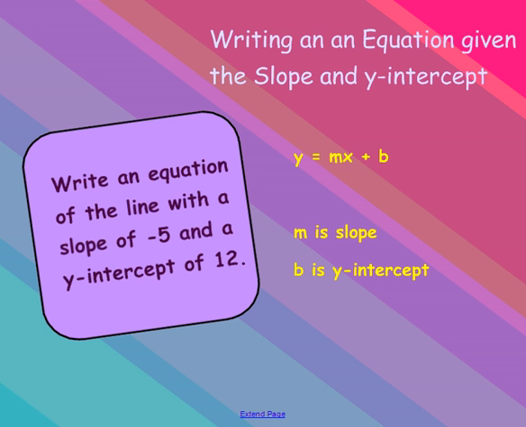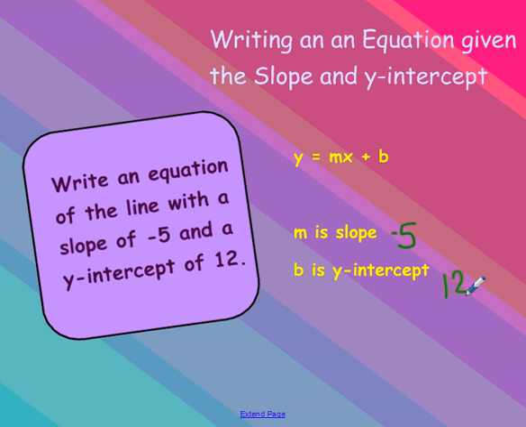Okay, writing an equation given the slope and y-intercept. You're going to write an equation of the line with a slope of -5 and a y-intercept of 12. So let's see. If we know the formula for the slope-intercept, we know that it is y equals mx plus b. We know that the slope is -5, so I'm being told it's -5, and the y-intercept is 12, so I know this is 12.